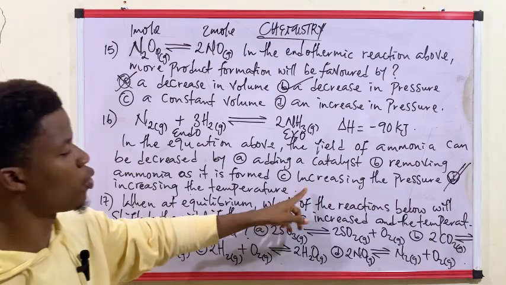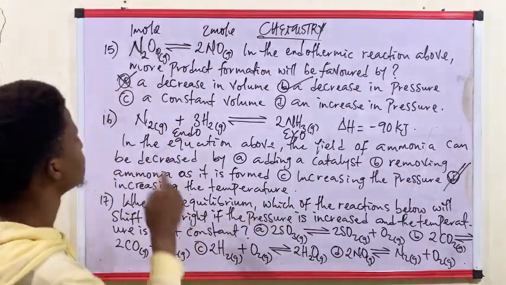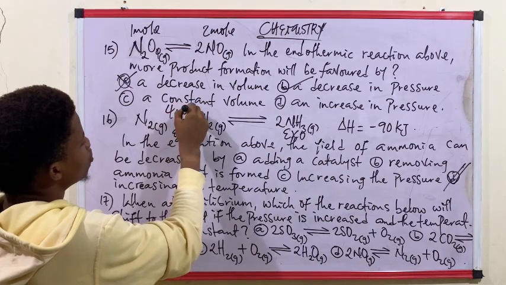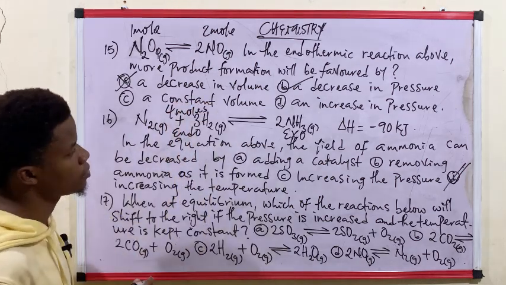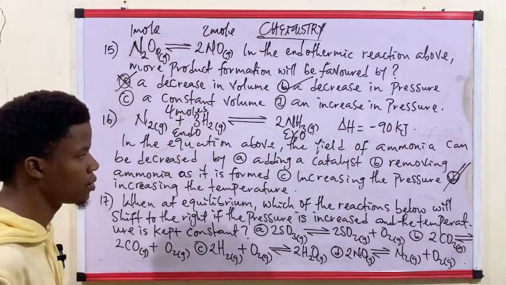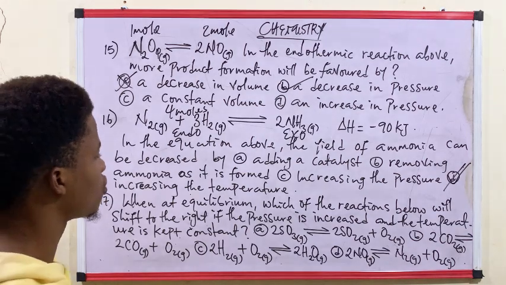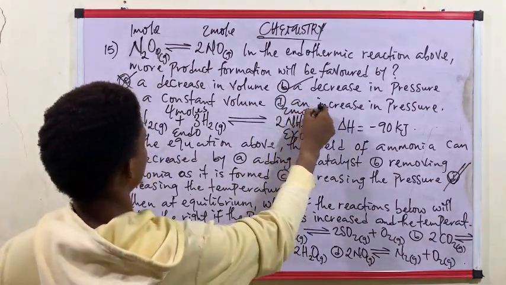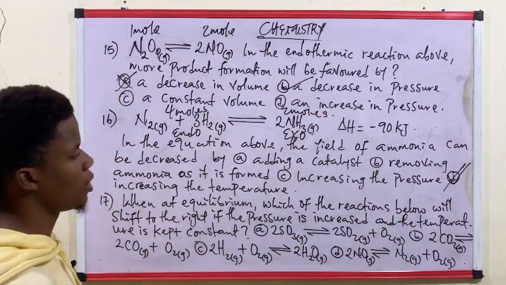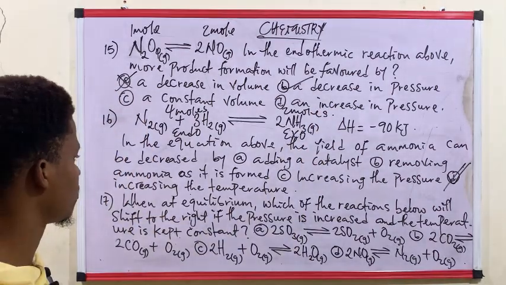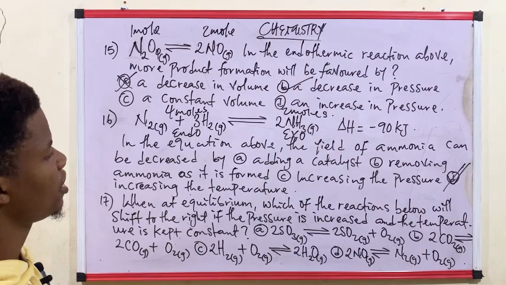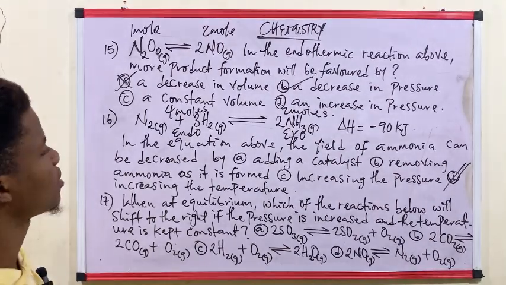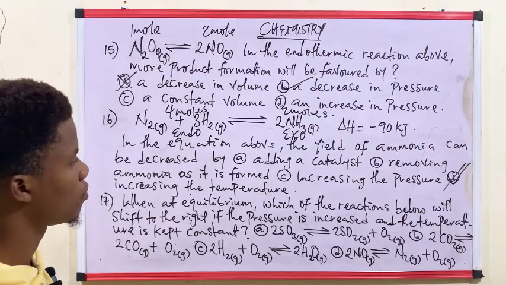Now, why is C wrong, increasing the pressure? Because this side is 1 plus 3, so we have 4 moles, and here we have 2 moles. High pressure favors the part with a lower volume.